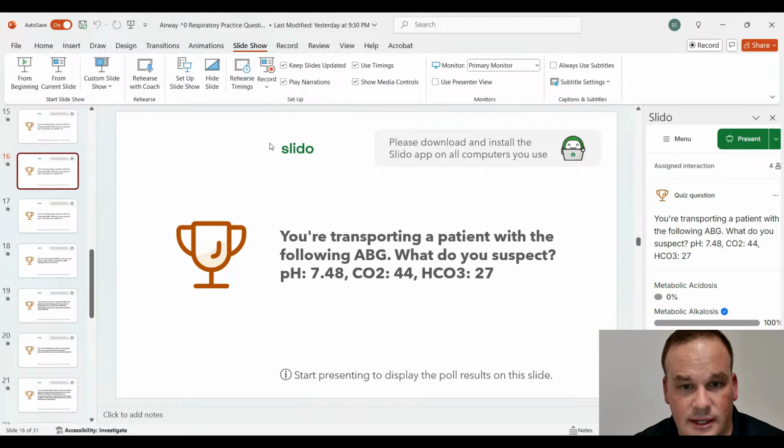They would have to eat a lot of Tums to do that, but antacid overdose is a possibility for metabolic alkalosis. Excess vomiting is as well, because we're getting rid of all the extra stomach acid that we have. And with a lot of excess vomiting, we could have a metabolic alkalosis.